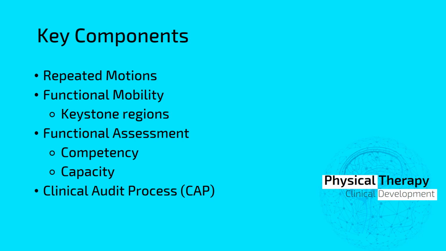Functional mobility, we're going to look at keystone regions or the linchpins of our mobility. The functional assessment, we're going to look at movement competency and movement capacity or physical capacity, and then we'll talk about the clinical audit process and how you can use that in the evaluation of a patient with lower back pain.